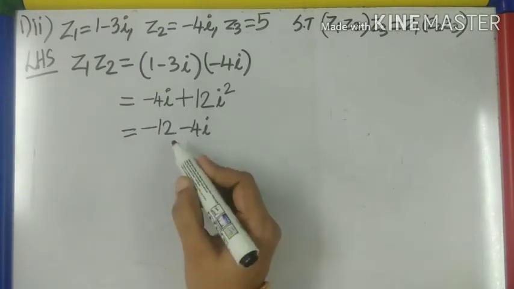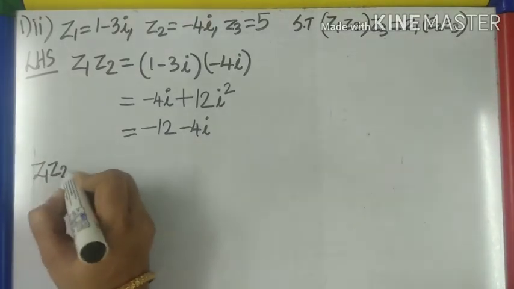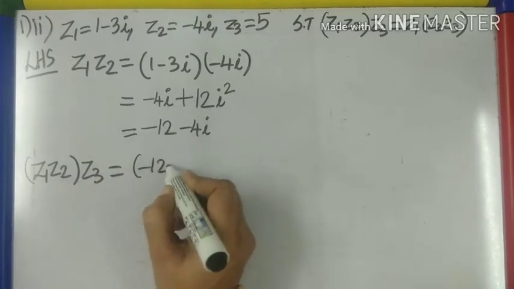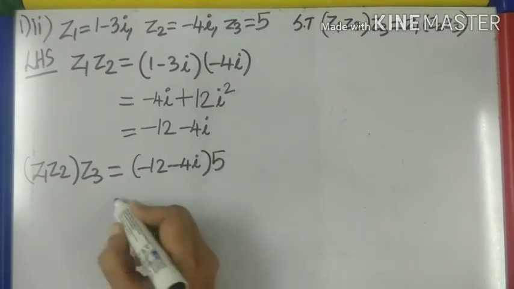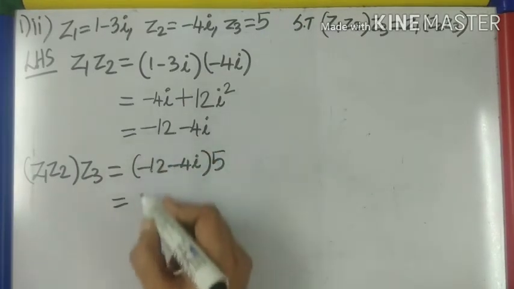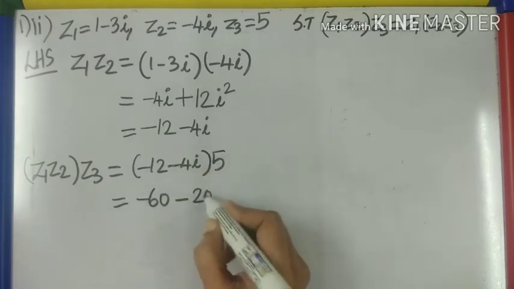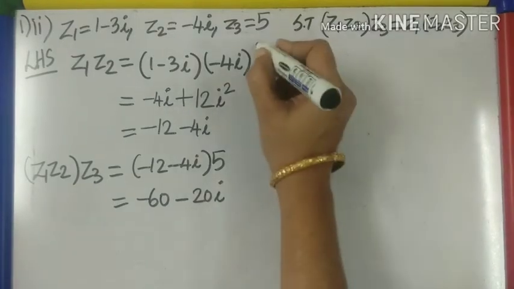This answer I need to multiply with Z3. So (Z1 Z2) into Z3. Z1 Z2 is minus 12 minus 4i, into Z3, which is 5. Just multiply: 5 into minus 12, minus 60; minus 4i into 5, minus 20i. So this is the LHS answer.